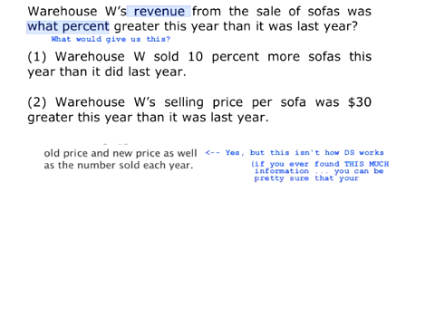And what they do in data sufficiency is they give you situations where there's incomplete information, but often enough to find the thing that you want to find. So the same thing, right? I mean, if they gave you exact numbers of revenues, then you would be good here too.